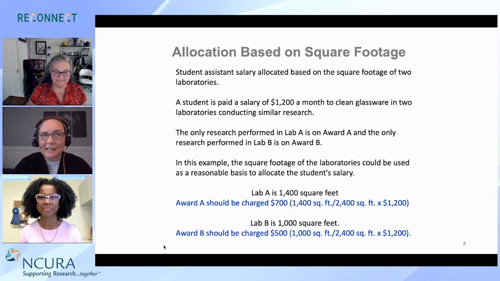Again, we're seeing less and less of this for use on sponsored awards. Where I see it most frequently in the roles that I've had is when we're allocating on non-sponsored projects for facility-based costs. So utilities may be based on square footage, or the amount of custodial charges for that building could be based on square footage.